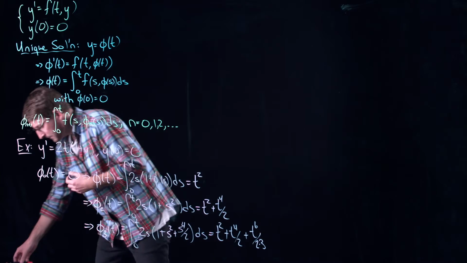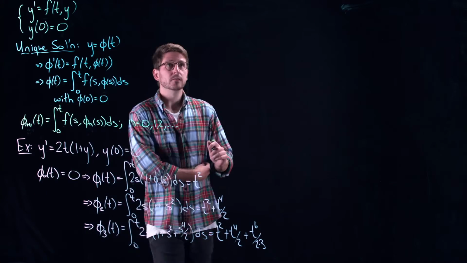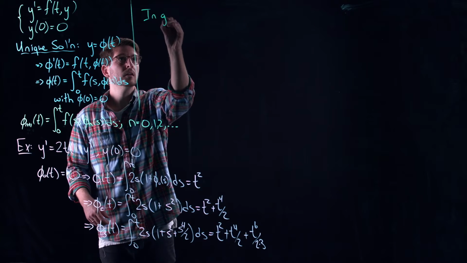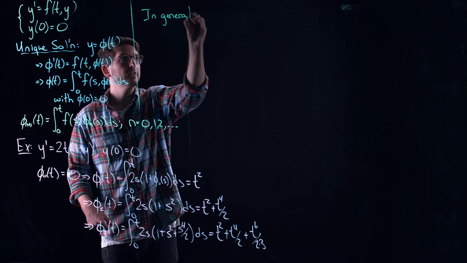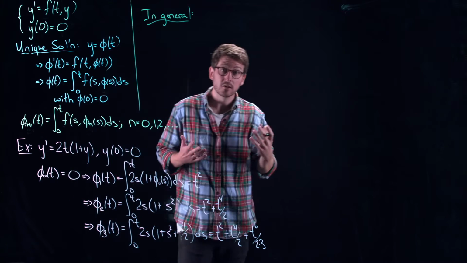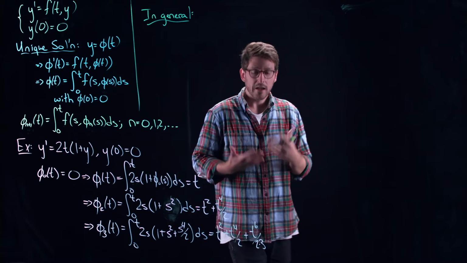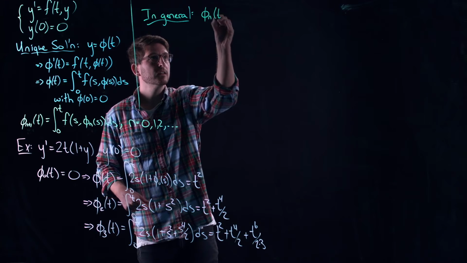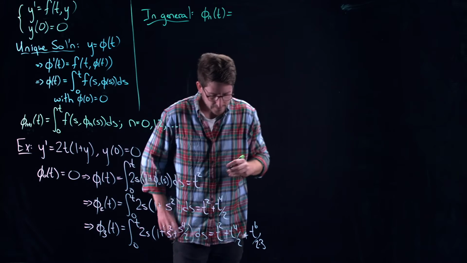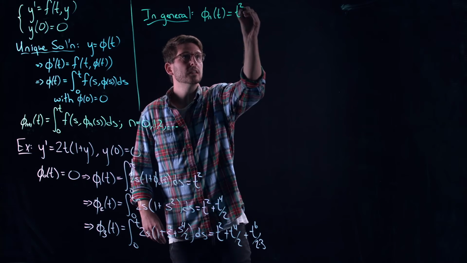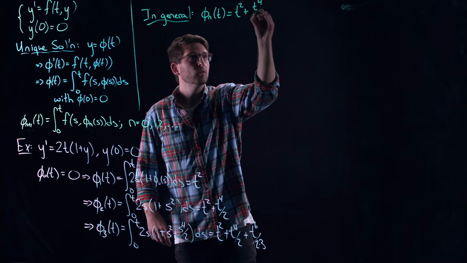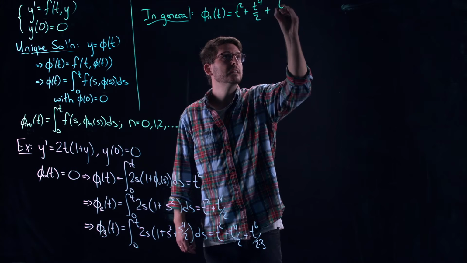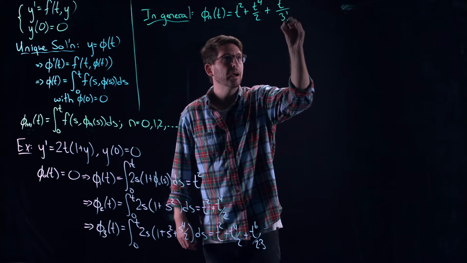What you can do here is you can identify a pattern. So you can say, in general, if you want to, you could prove this with mathematical induction, right? And you can say that the general form, if you do this up to any iterate little n, is actually going to give you t squared plus t to the 4 over 2 plus t to the 6 over 3 factorial.